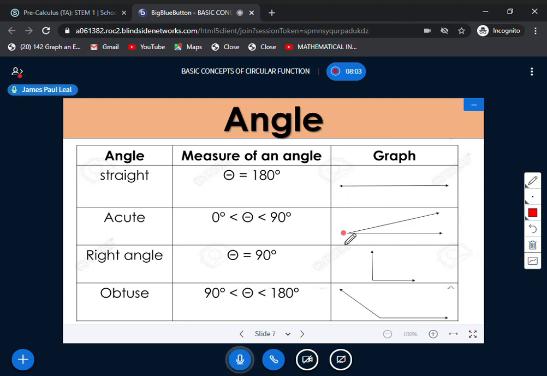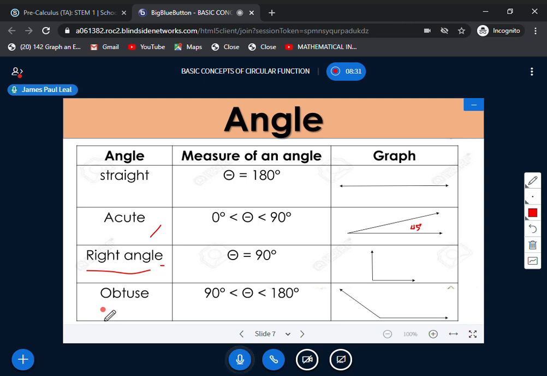That must be considered an acute angle because 45 degrees is smaller than 90 degrees. While right angle, this is very simple. If you have exactly 90 degrees for the measurement of your angle, then that must be called a right angle. I want you to keep that in your mind.